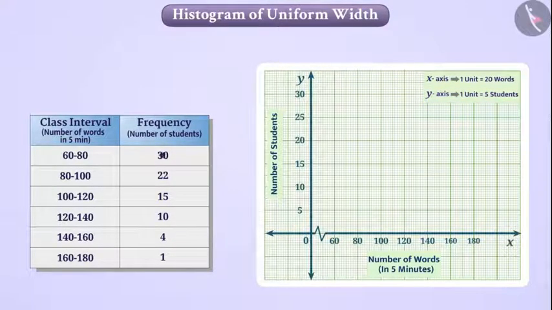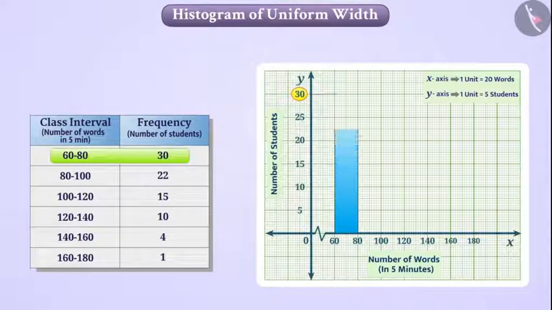Now, we will represent the frequencies of class intervals with rectangles. The frequency of class interval 60 to 80 is 30. So, we will draw a rectangle for this class interval in such a way that the length will represent 30 students.